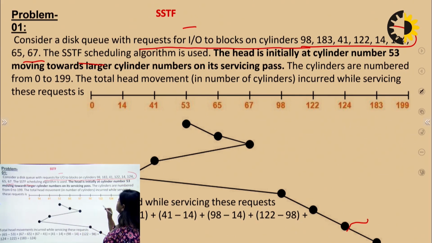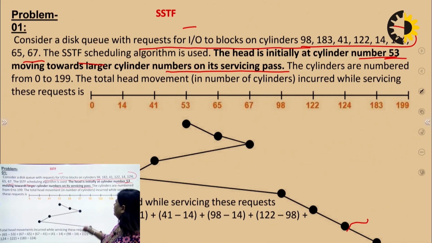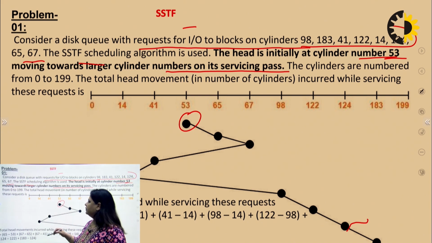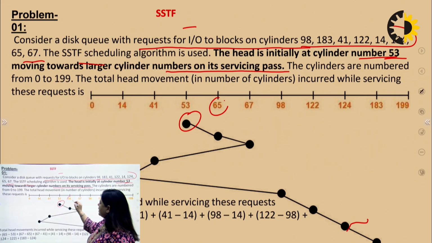The head is initially at cylinder number 53, moving towards larger cylinder numbers on its servicing pass. There is a string which is given, and next is the head. The head starts from 53, and now we calculate which is the minimum distance from 53. According to this string, there are two at the same distance, 65 and 41.